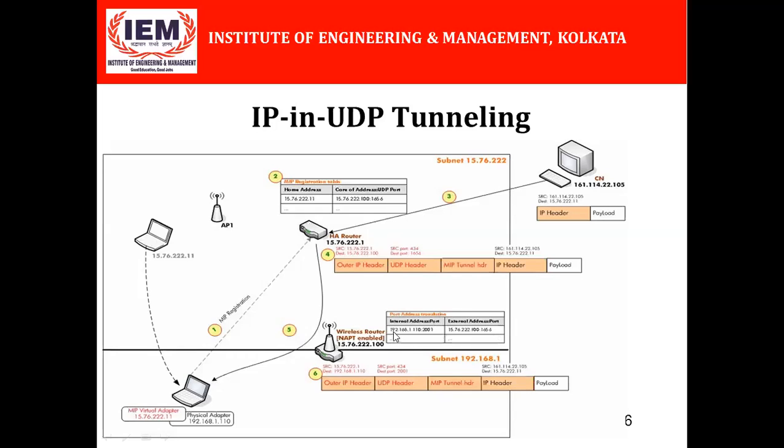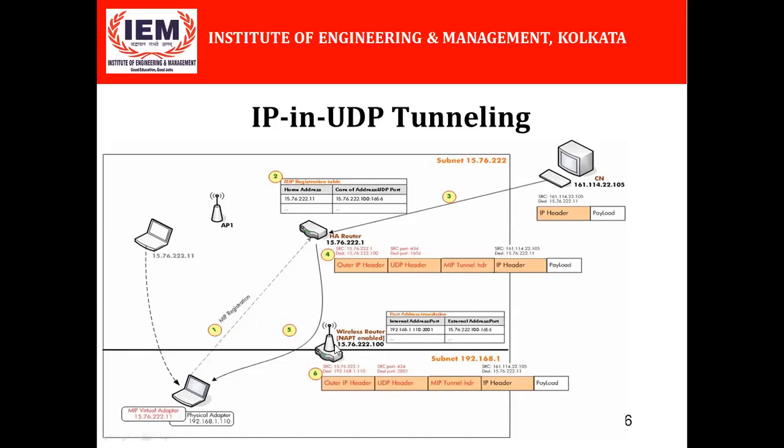What is written over here? 192.168.1.110:2001. What is 2001? That is the internal port address. And what is the external port address? The external one is associated with 1656.